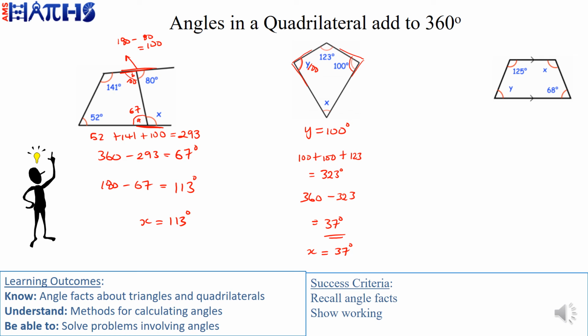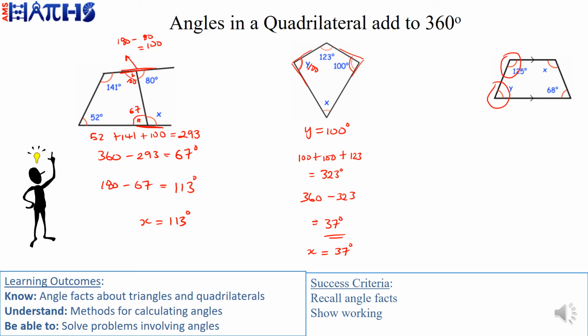Now for a final example, we have a trapezium that we need to work out the angle for. Now a trapezium, as we know, has one pair of parallel sides, and the angles that are across from each other on the parallel sides, the two I've circled, those two angles add to 180. They're called co-interior angles, but you'll look at that later on as you do your math.